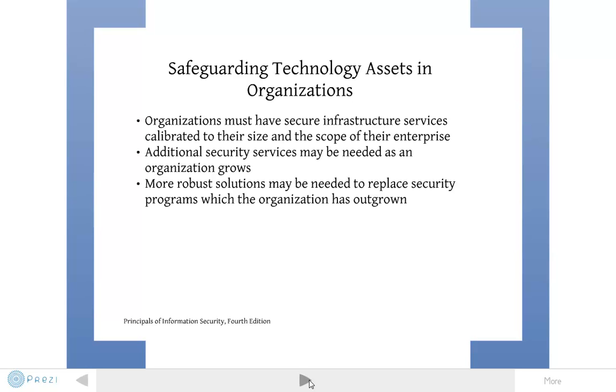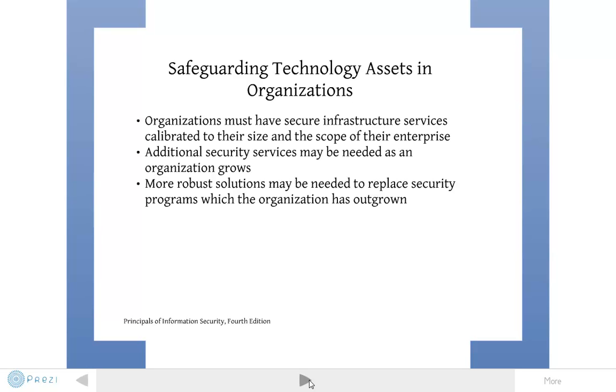All right, so organizations must have security infrastructure services calibrated to their size and the scope of their enterprise. Secure infrastructure services, what will that be? Maybe we start just with infrastructure services. Yeah. So infrastructure service, right? You can maybe think about network connectivity, right? So there's infrastructure service. If we have phone connectivity, another type of infrastructure service.